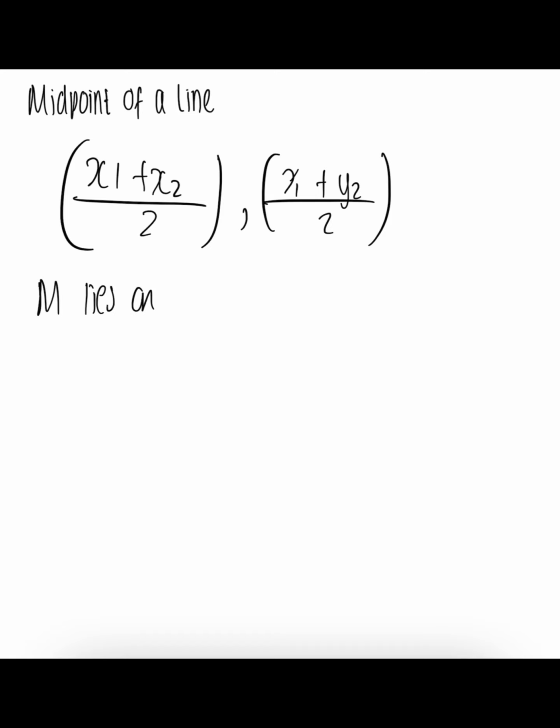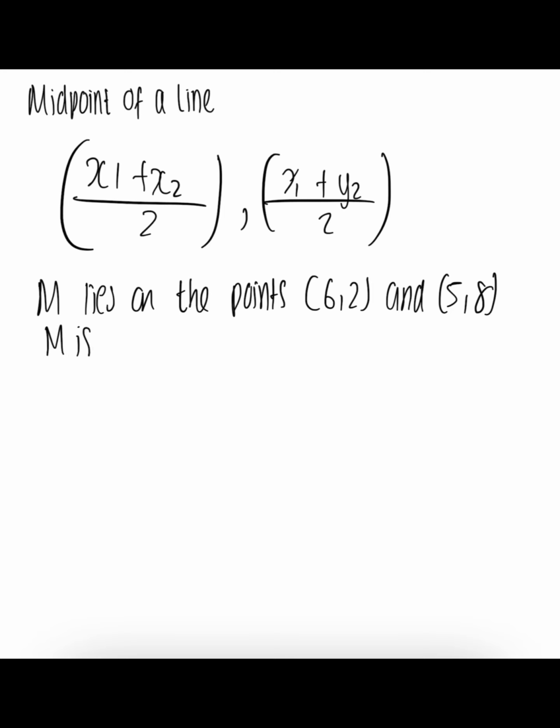Now let's apply this to a question. M lies on the points 6, 2 and 5, let's go for 8. M is the midpoint also, is what we need to do. Find the midpoint.